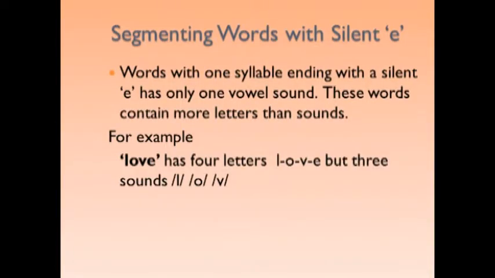There are some words which end with an E. Now this E is referred to as silent E. Words with one syllable ending with a silent E have only one vowel sound. These words contain more letters than sounds.